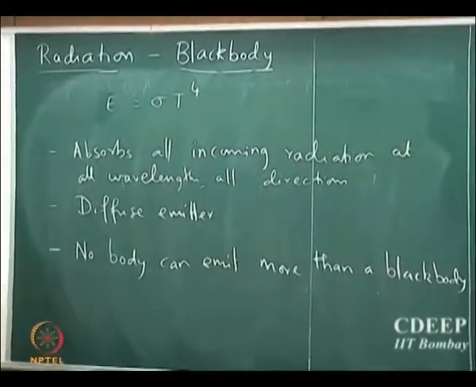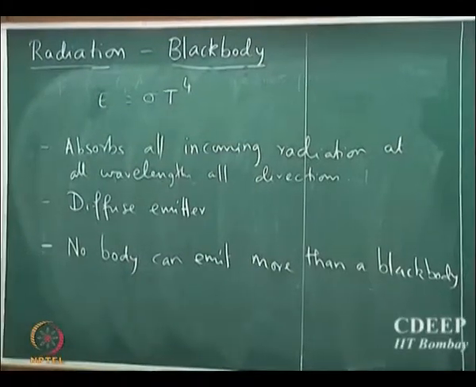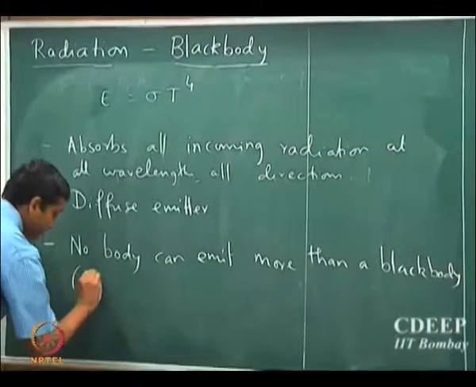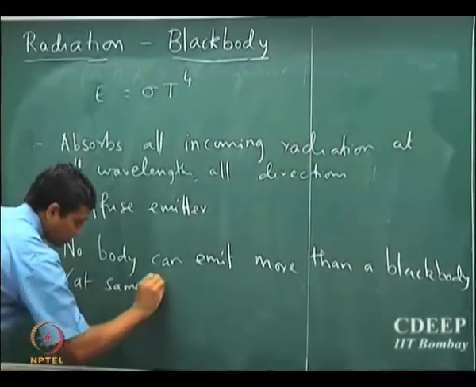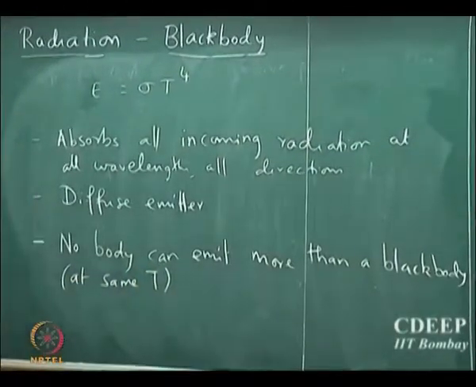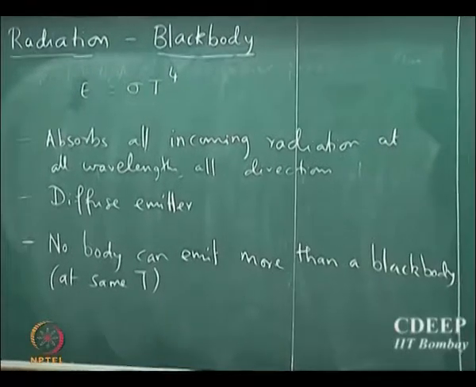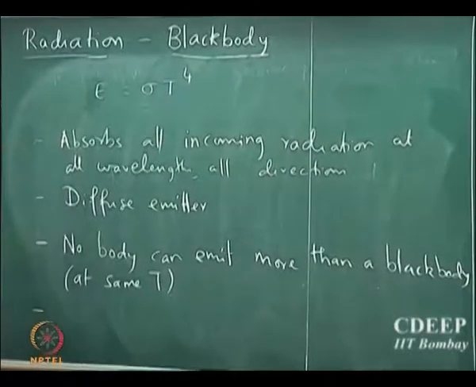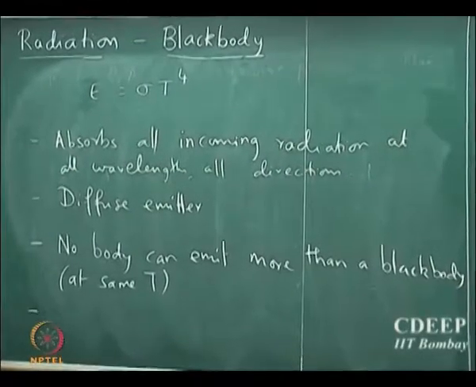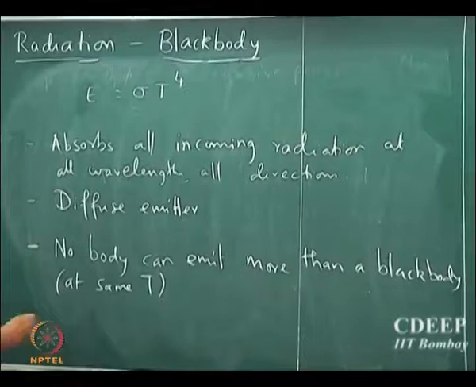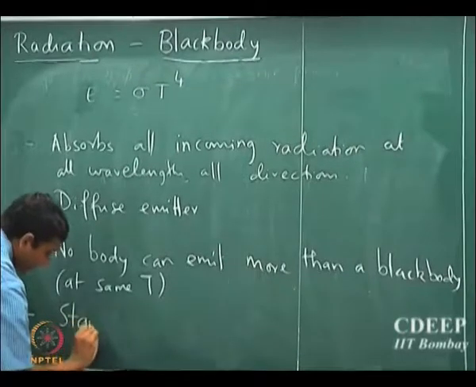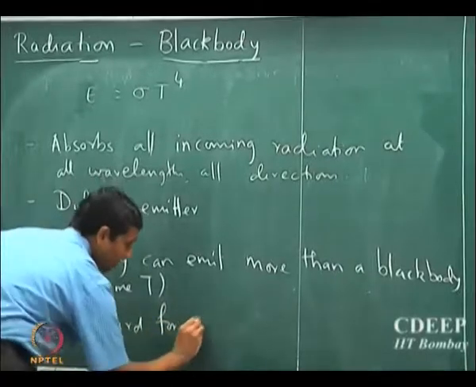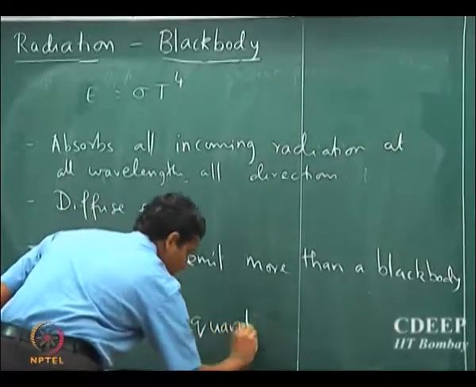No body can emit more than the radiation that is emitted by a blackbody at the same temperature. That is very important: same temperature. Therefore, the blackbody, a diffuse emitter that absorbs all incoming radiation at all wavelengths and all angles, is generally considered as a standard for quantifying the radiation process.